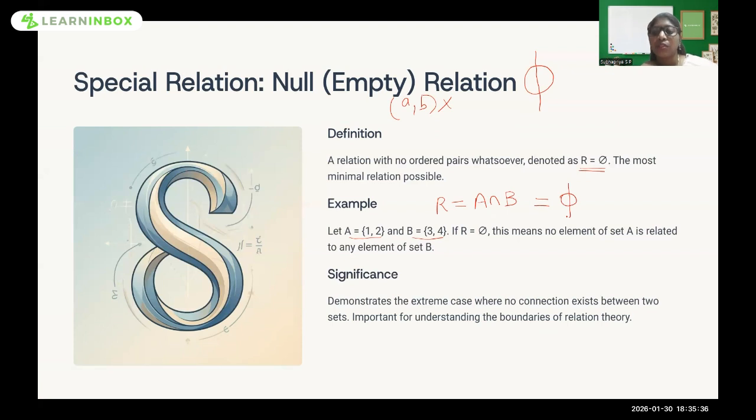So this is one of the examples for this. So null is nothing but there is no connection existing between the two sets.